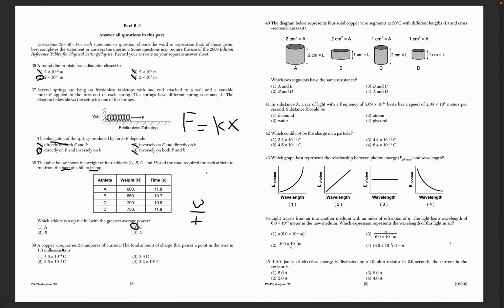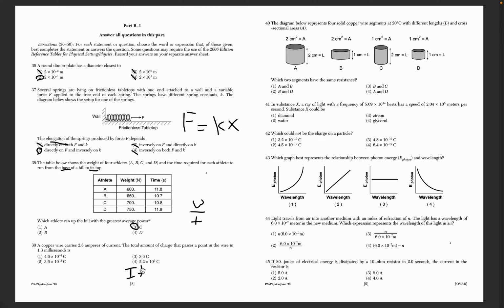A copper wire carries 2.8 amperes of current. What is the total amount of charge that passes a point in the wire in 1.3 milliseconds? Okay, so we use the formula. I is equal to delta Q over t, which means that Q is equal to the current times the time.